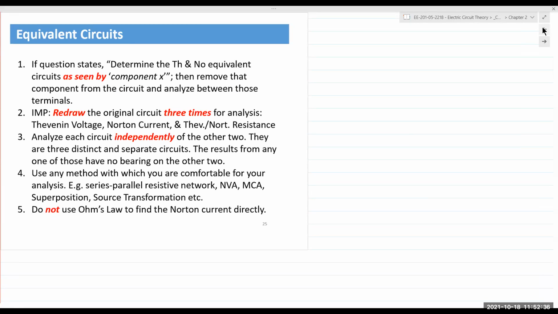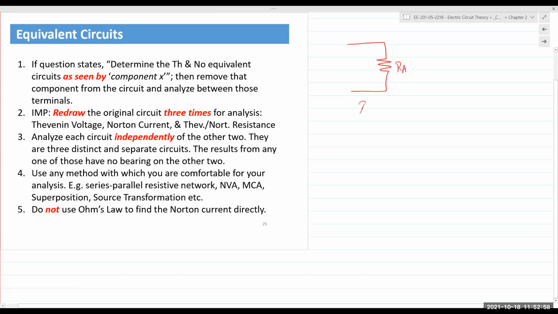First things first, if the question states analyze the circuit as seen by a component, then you remove that component from your analysis, as we saw in that example, right?